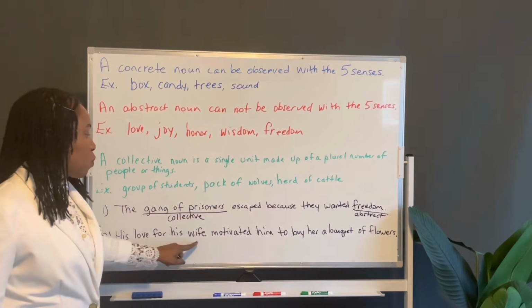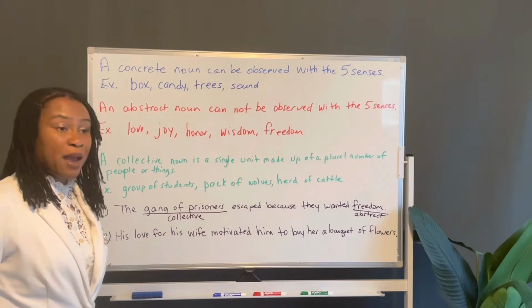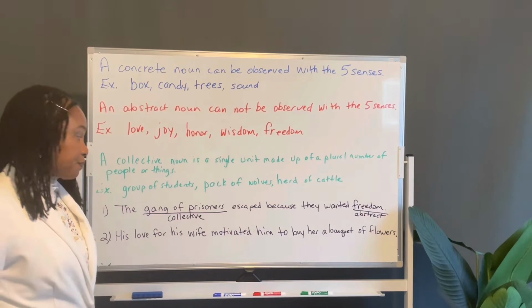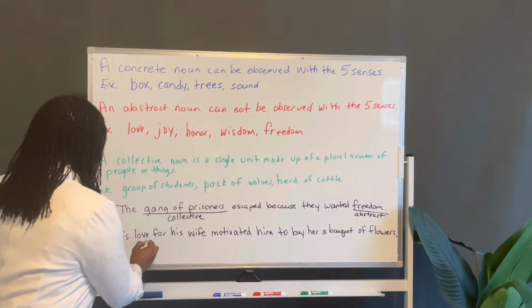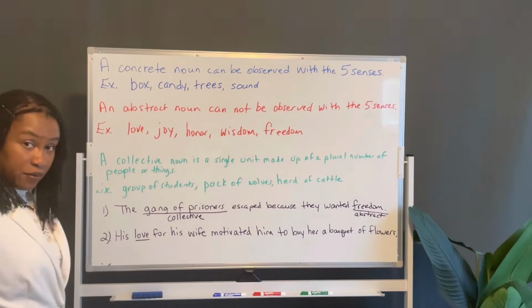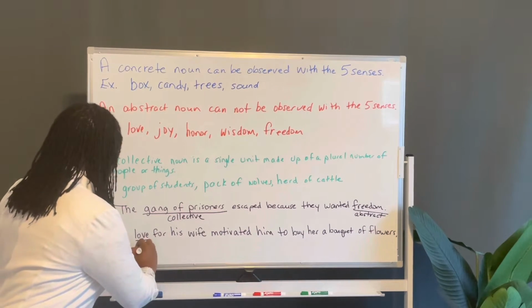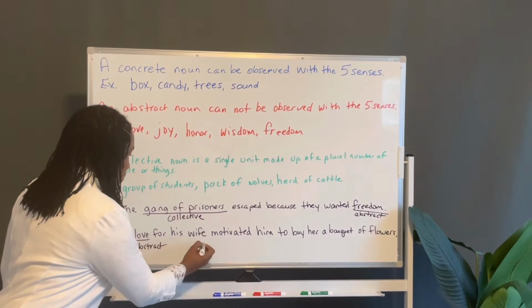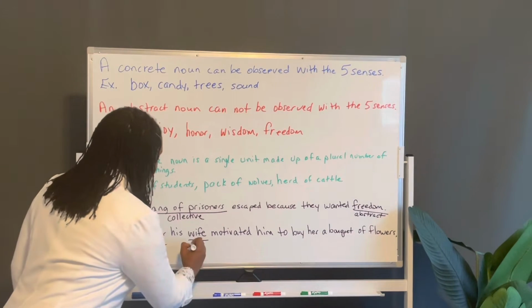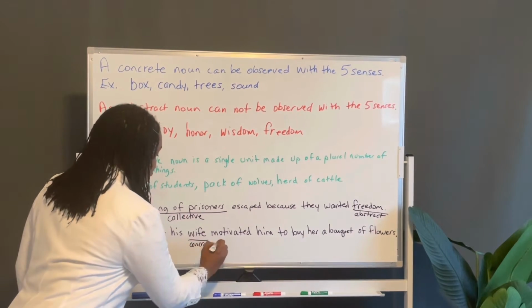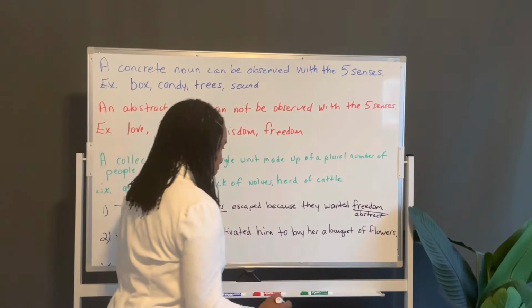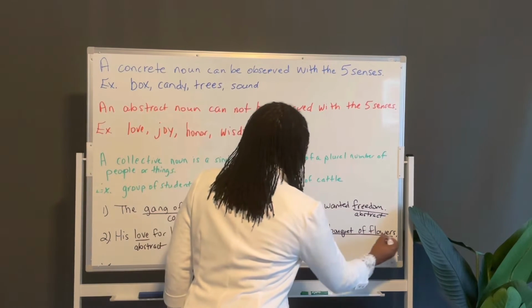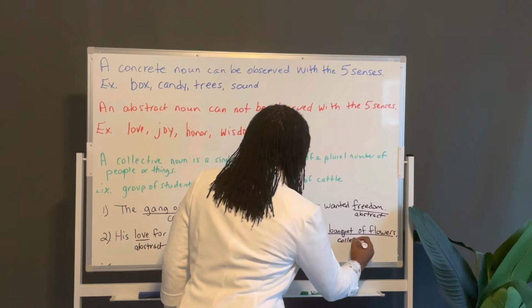His love for his wife motivated him to buy her a bouquet of flowers. Okay, so the nouns are love. Love is abstract. Okay, wife. Wife is concrete because she's a person. And bouquet of flowers, which is collective.